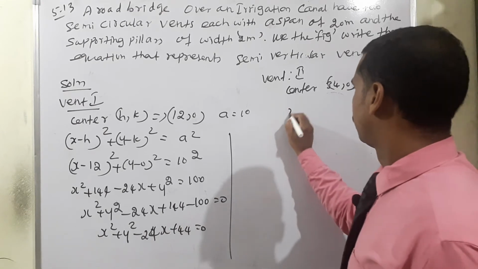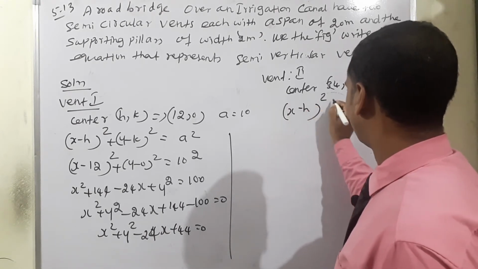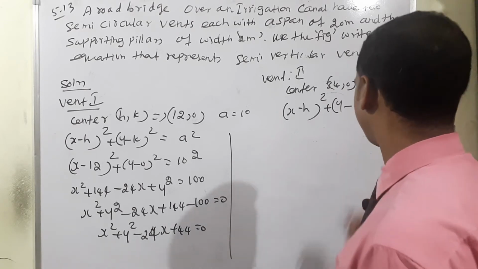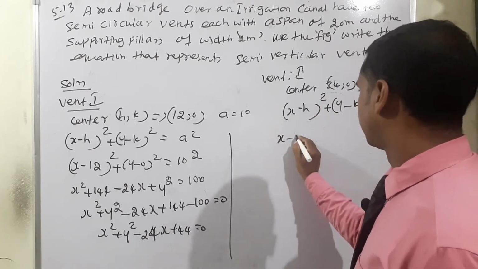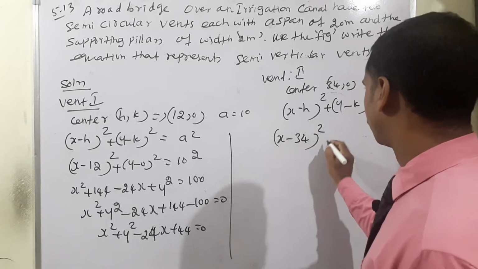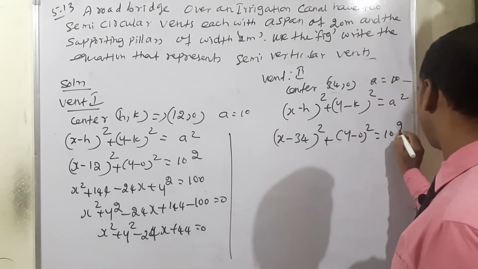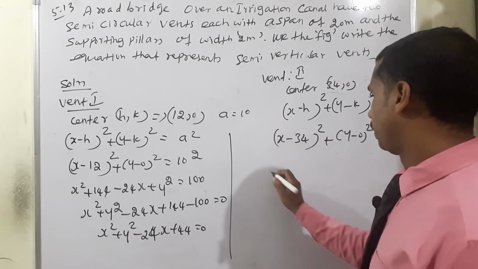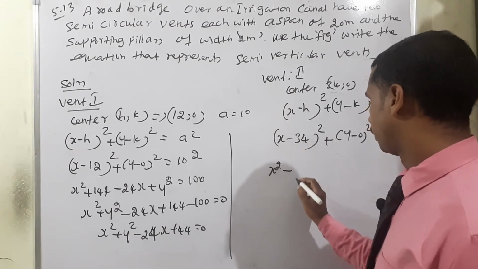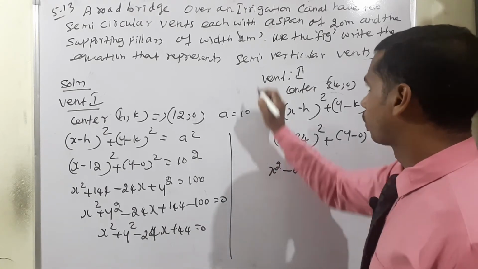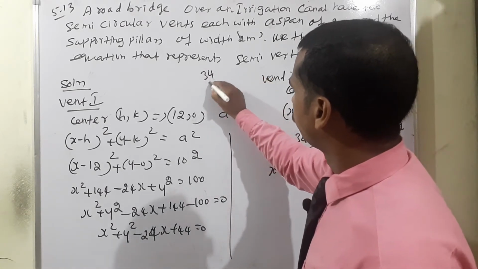The formula is x minus h the whole square plus y minus k the whole square is equal to a square. So x minus 34 the whole square plus y minus 0 the whole square, and a square means 10 square. Using the a minus b the whole square form, x square minus 68x plus 34 square.